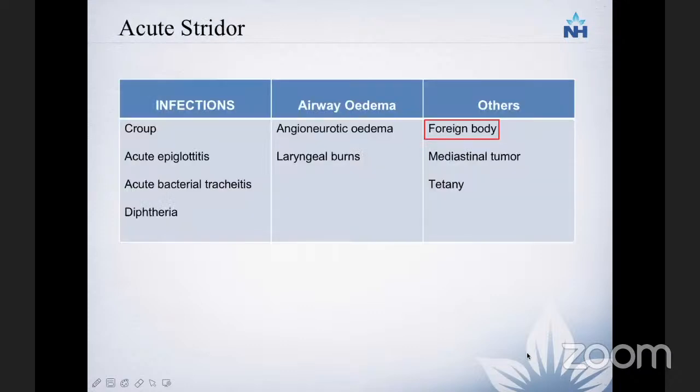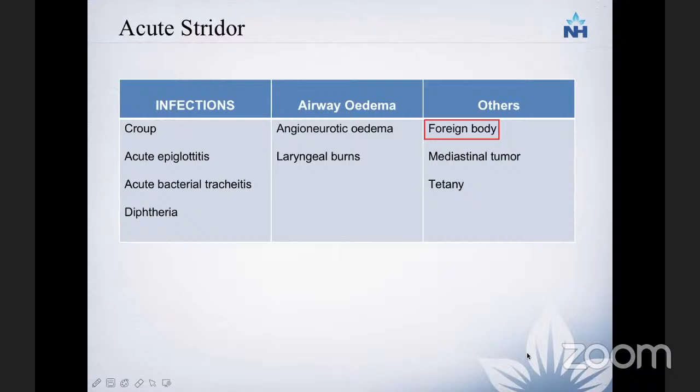So here are a few causes of acute stridor. So first cause is the infections, which our pediatric colleagues often see in their day-to-day OPD. So it's croup, acute epiglottitis, acute bacterial tracheitis, and diphtheria. And other causes are laryngeal airway edema, like in laryngeal burns or angioneurotic edema.